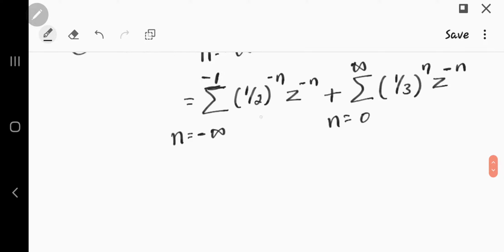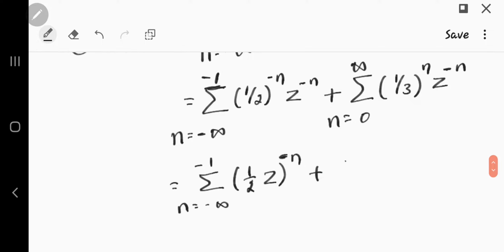And if you see, these have common powers, so we can combine them. So n is equal to minus infinity to minus 1, 1 by 2 z to the power of minus n, and this one is n is equal to 0 to infinity, and we have two different things here.